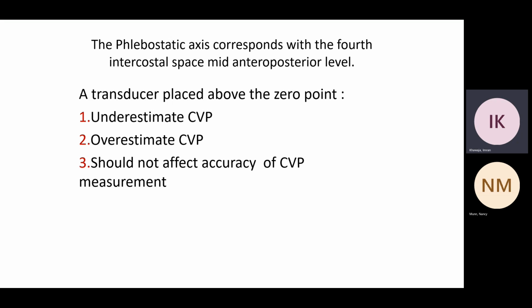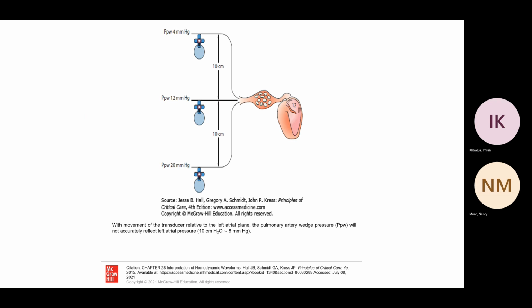It's the opposite: when it's higher, it's underestimated; when it's lower, it's overestimated. Here's the example: 12 millimeter when leveled correctly, 10 centimeter above gets you down by 8, falsely to 4, or higher by 8, falsely up to 20. And with the new definition of pulmonary hypertension and wedge, things like these change what measurement you end up getting.